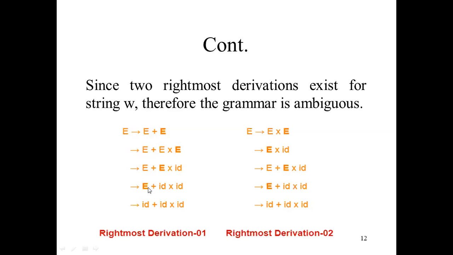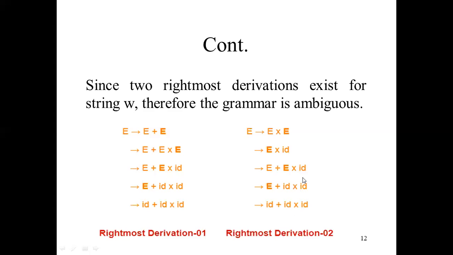So again we will write E the same, because we are using steps 1, 2, 3, 4 like this, and we are replacing here ID, and then we will write ID into ID, then ID plus ID into ID.